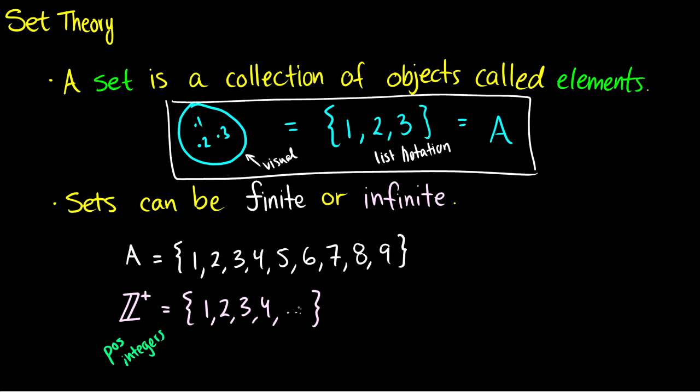And in this case, this is an infinite set. So these dots mean that there's an implied pattern that just goes on forever. So here, Z plus, if we have 1, 2, 3, 4, and we put dots, we mean that it goes 5, 6, 7, 8, 9, 10, so on and so forth.